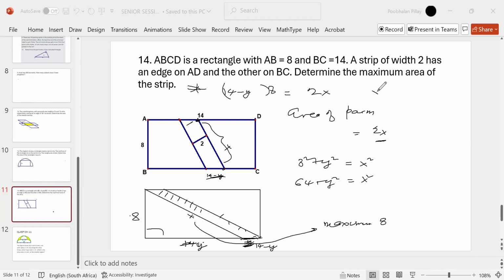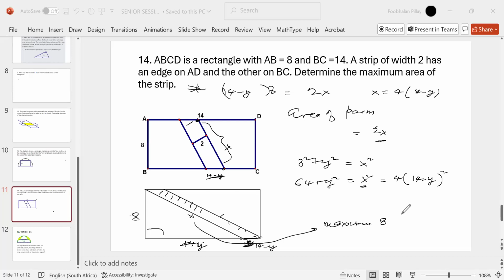So you see that x is actually equal to 4 into 14 minus y. Cancel the 2's. So you can substitute the x here, and you get 4 into 14 minus y, all squared. See? And then you got a single equation involving y, and that will help you solve the problem.